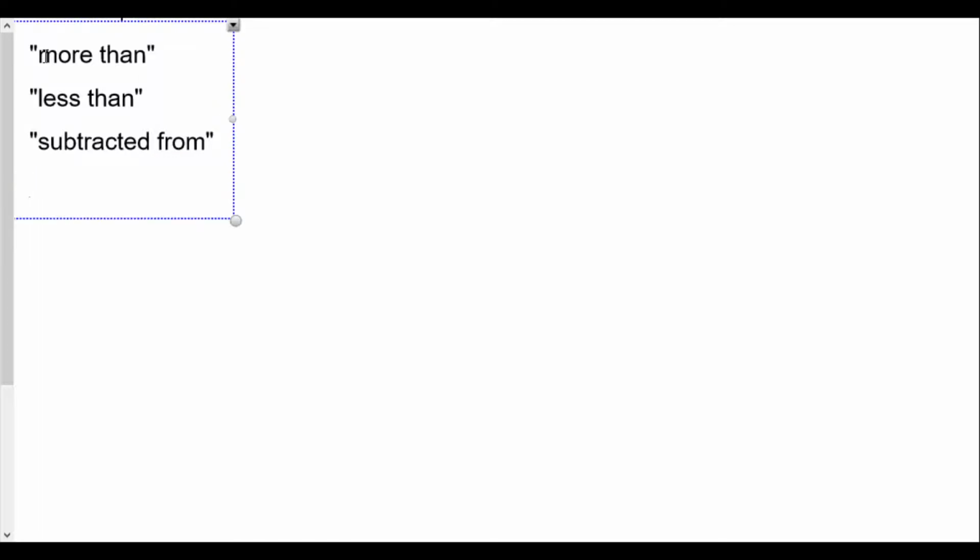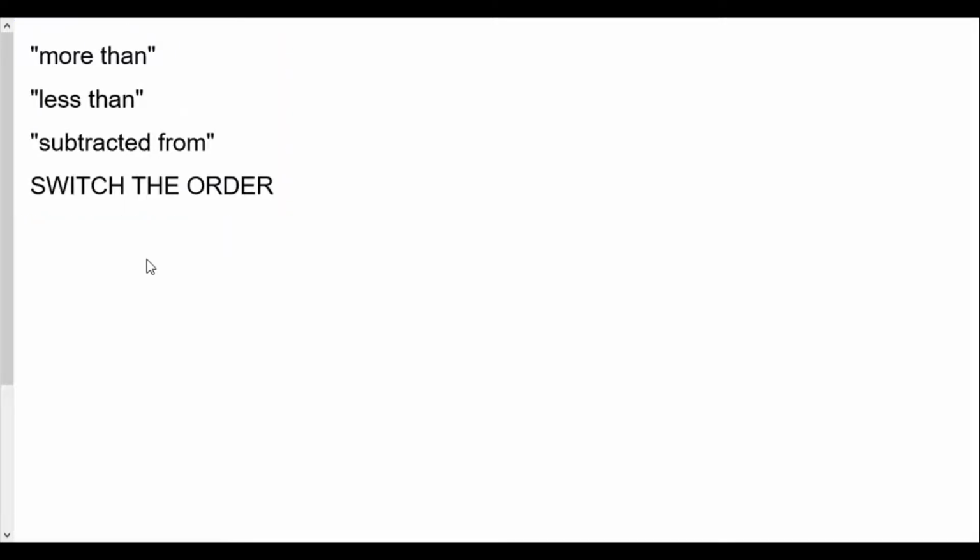When we see these phrases in a word problem, we have to switch the order. For more than, it's not so much, but for less than and subtracted from, it is pretty darn important.